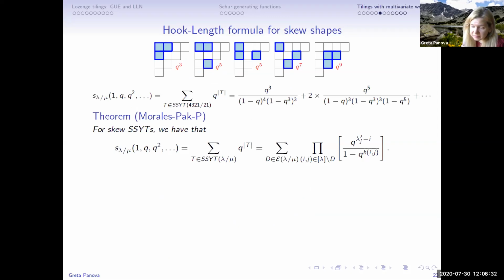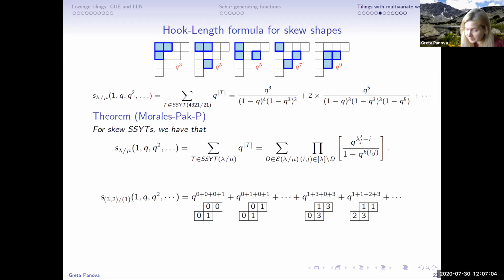And one can generalize this, so we can take a Schur function, evaluate it with the principal specialization powers of q, but it's infinite in this case, and the q-analog of the original formula holds. We're summing over these excited diagrams, and we have these rational functions, which are really something like a q-analog for the hook lengths.